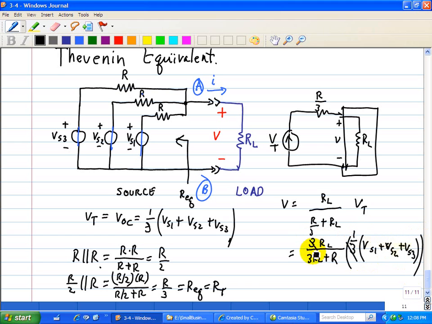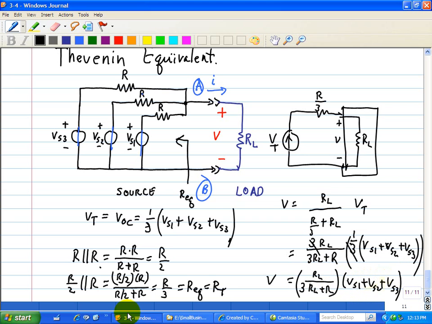The 3's cancel, and we're left with V delivered to the load is RL over 3RL plus R times VS1 plus VS2 plus VS3. And that concludes the derivation or analysis of this problem.